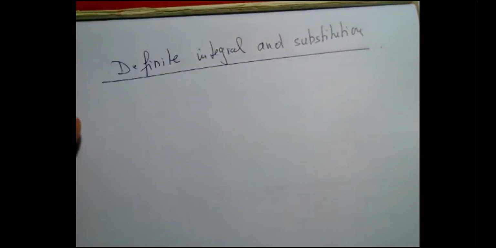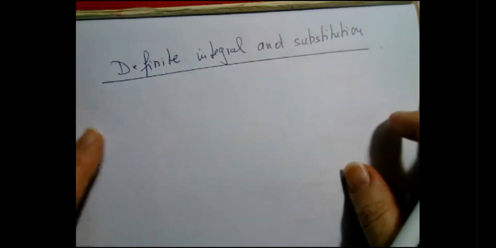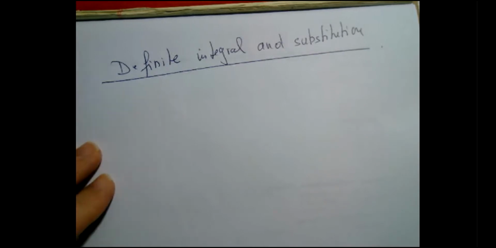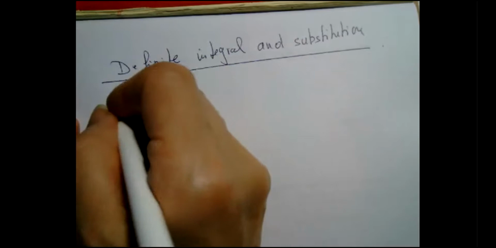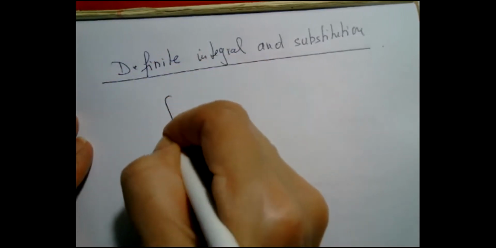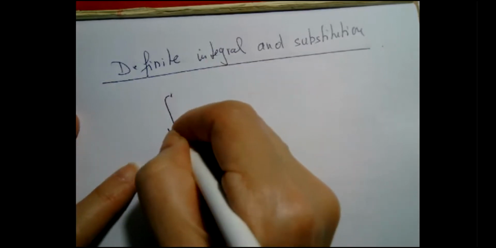When we need substitution to find a definite integral, we can do the problem in two slightly different ways. One method: suppose I want to evaluate this integral, a typical substitution problem.